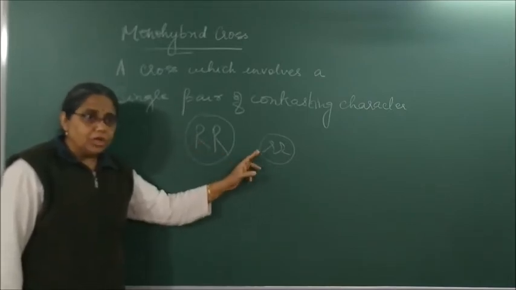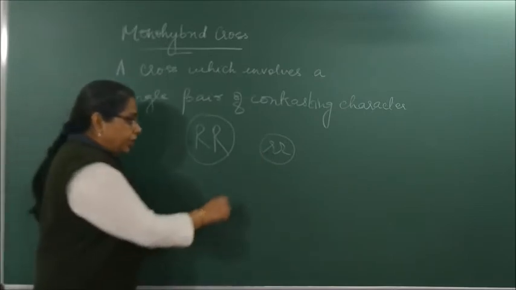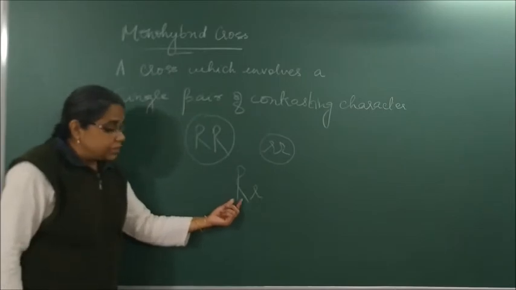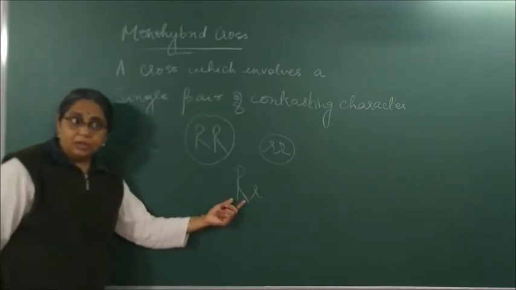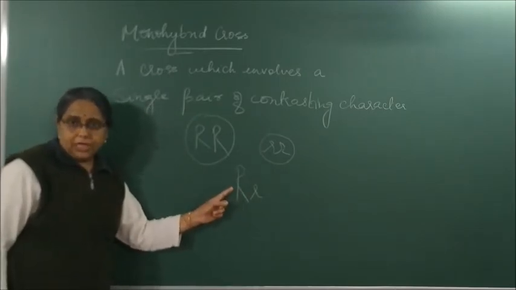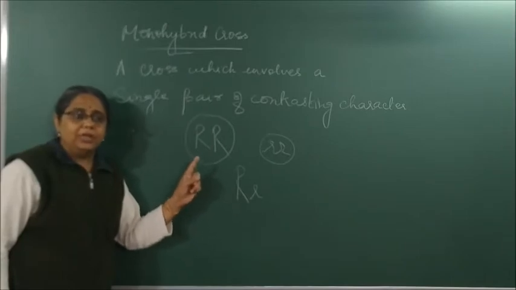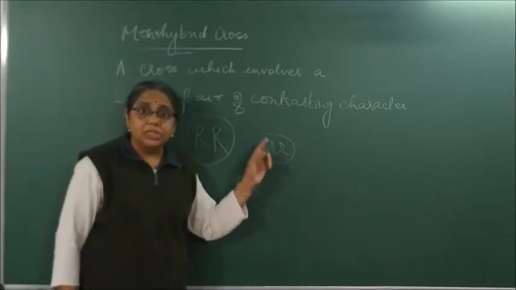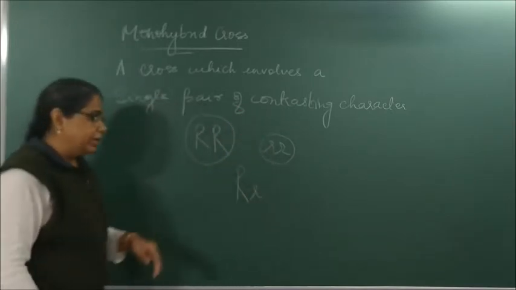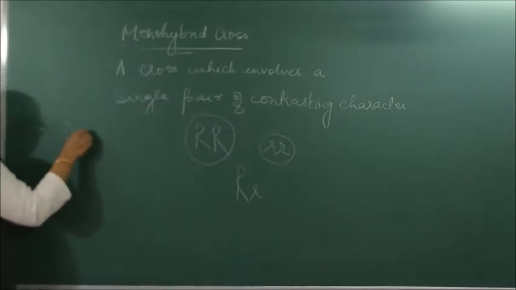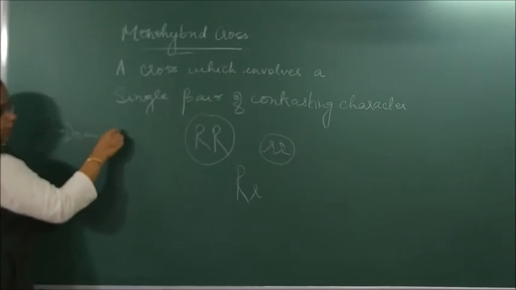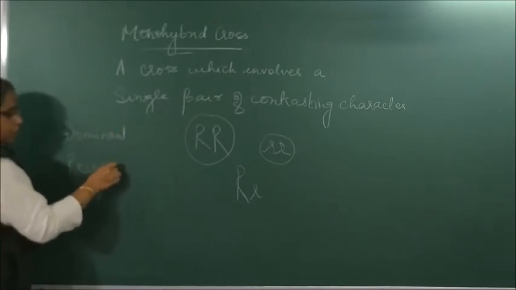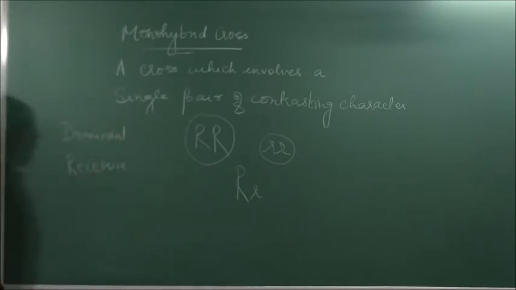If both are short, pure short plants. If one is round and one is wrinkled, which is dominant? Round is dominant. Anything written in capital letters is dominant, and anything written in small letters is recessive. One gene which makes its appearance is dominant. One gene which does not make its appearance is what? Recessive.